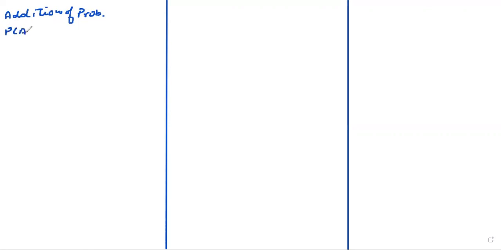Probability of A union B, we may write it probability of A or B, equals probability of A plus probability of B. But this is for disjoint sets. I will just give you an example.